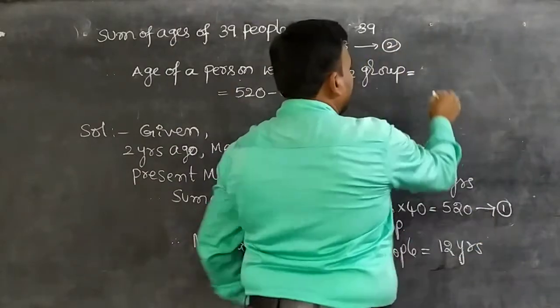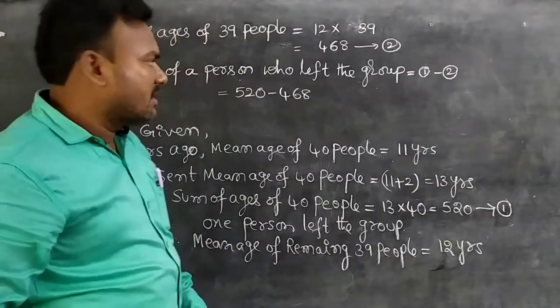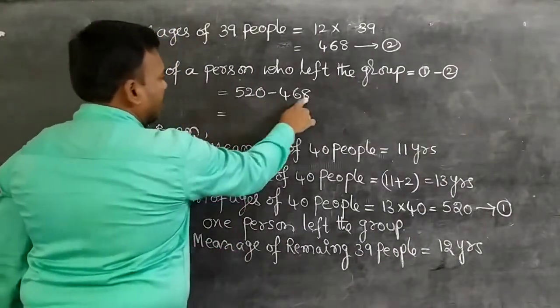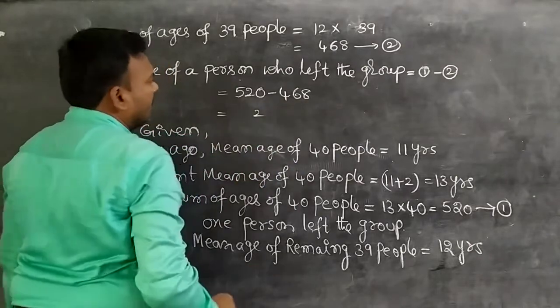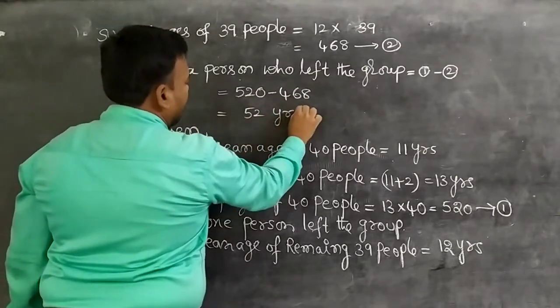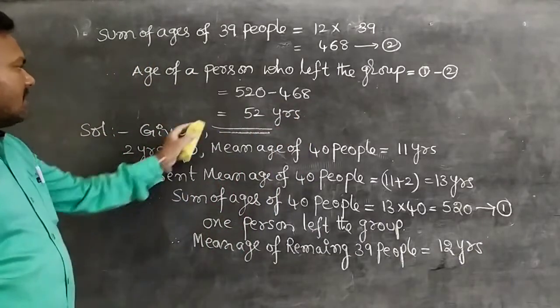Equation 1 minus equation 2. So 10 minus 8, 2. Next 11 minus 6, 5. 52 years. This is the solution for the sixth problem, students.